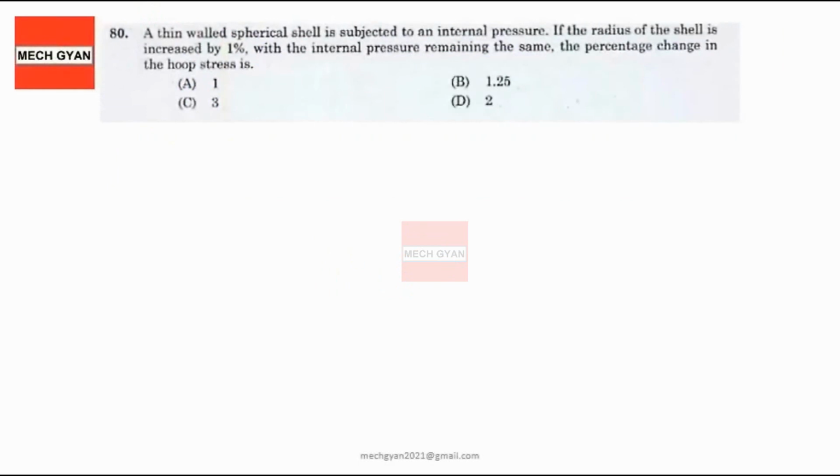So next question, a thin-walled spherical shell is subjected to an internal pressure. If the radius of the shell is increased by 1%, with the internal pressure remaining the same, the percentage change in hoop stress. So the hoop stress formula is given by PD by 4t. So sigma H2 is 1% more.